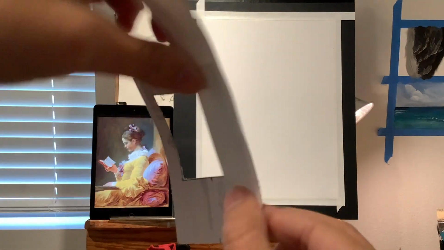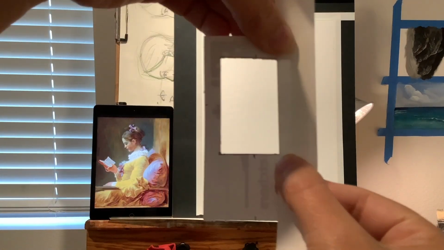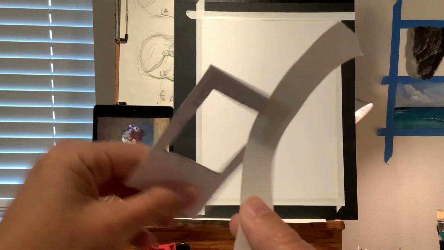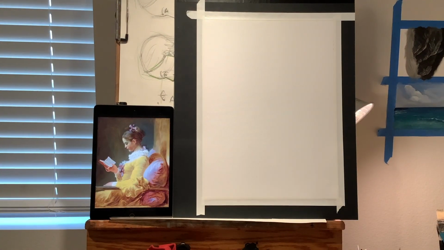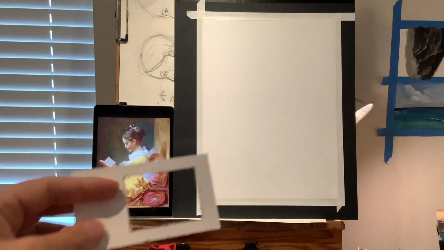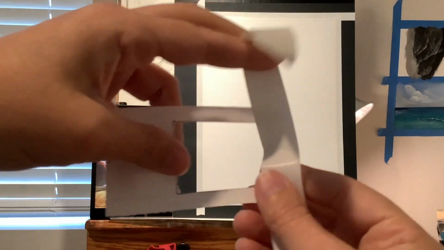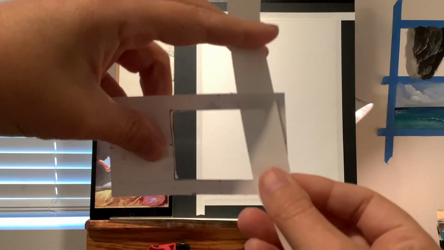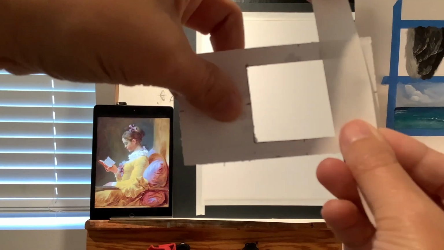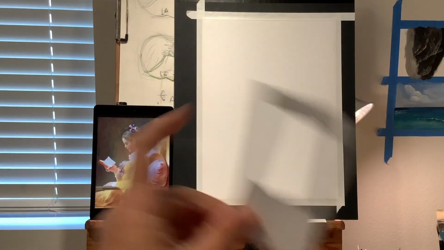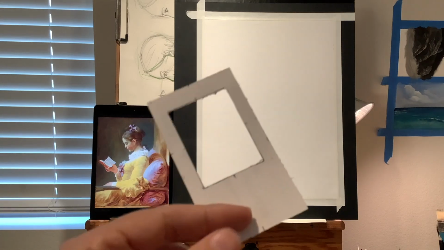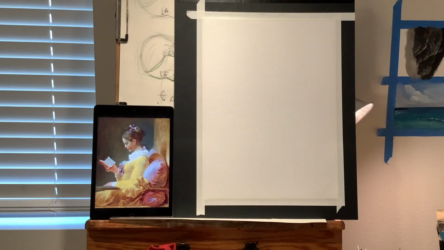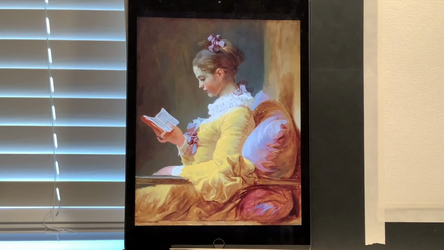So you can see I taped off some of it, and that's an easy fix to change the dimensions. If you have a square canvas and a viewfinder that looks like this, it's easy enough to just take this tape and go like this. So you have a window that is not the same size, obviously, but the same shape as your canvas.